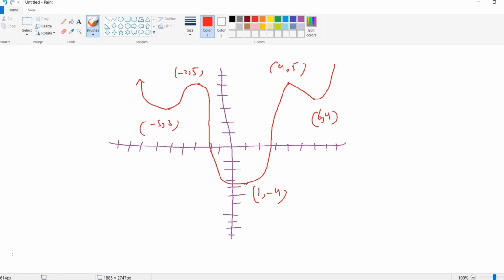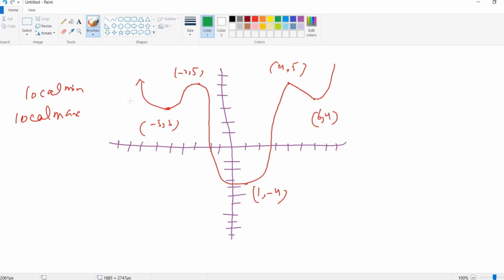All right. So if these are the points, can you please tell me what points are the local minimum and local maximum? Local minimum would be -5, 3 and 6, 4. Why? Because both of them are not global.